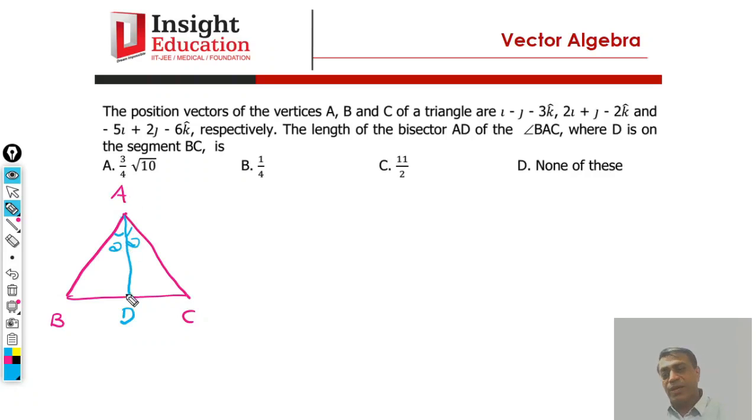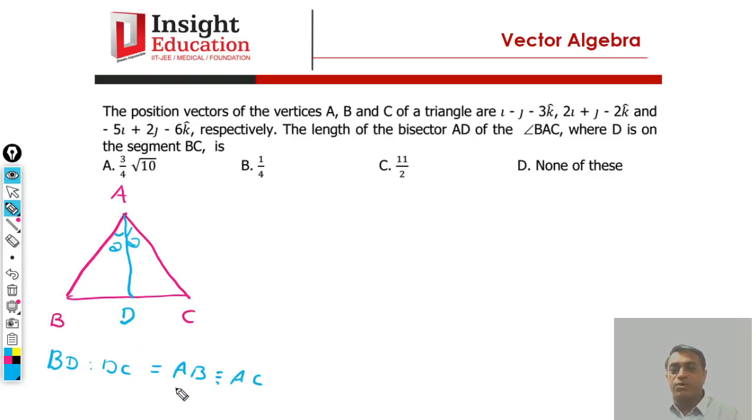To find the length AD, first we have to find the position vector of point D. To find the position vector of point D, we should know the relation between BD and DC, because we know the coordinates of B and C. So the relation between BD and DC, from the geometry we know, BD is to DC is equal to AB is to AC.